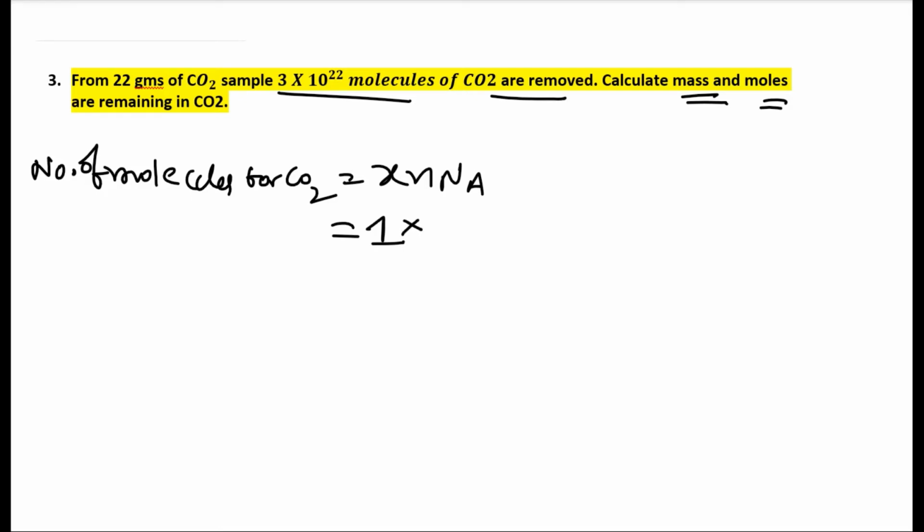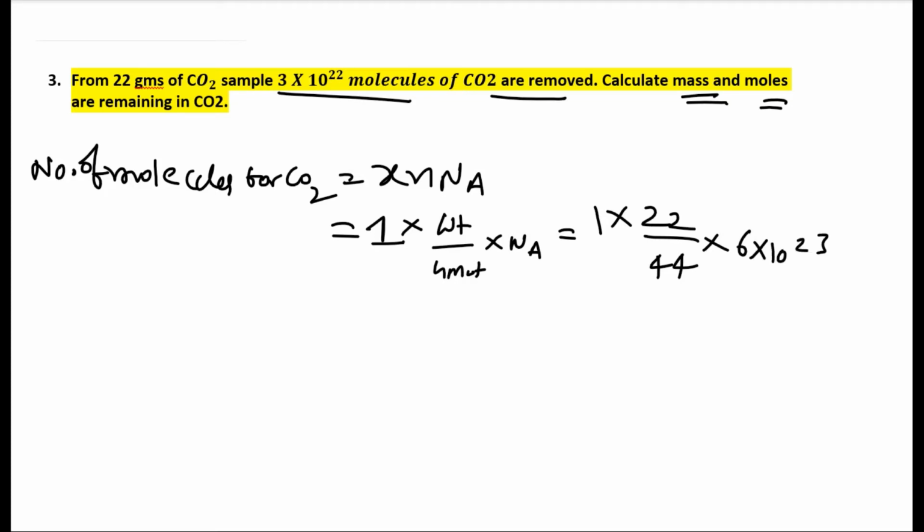So this is 1 into 22, the given weight, by 44 into 6 into 10 power 23. After some calculation, you are going to get 3 into 10 power 23. These many molecules are present in 22 grams of CO2.